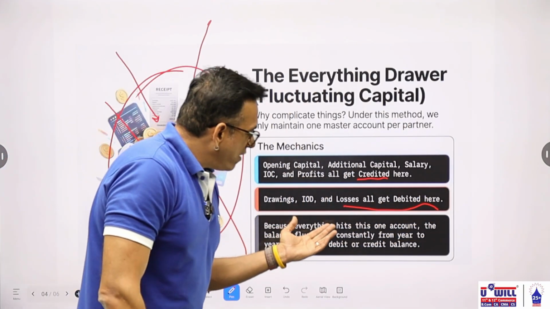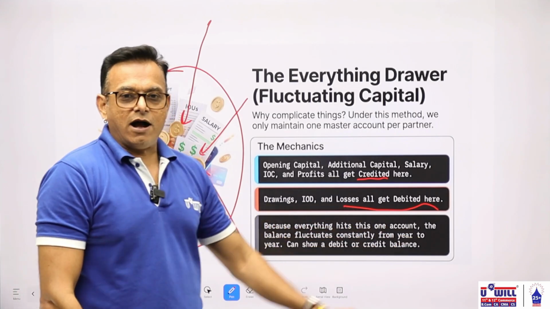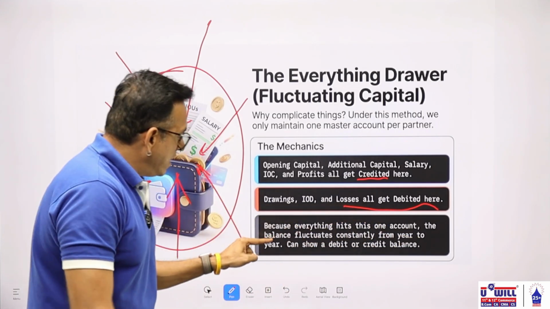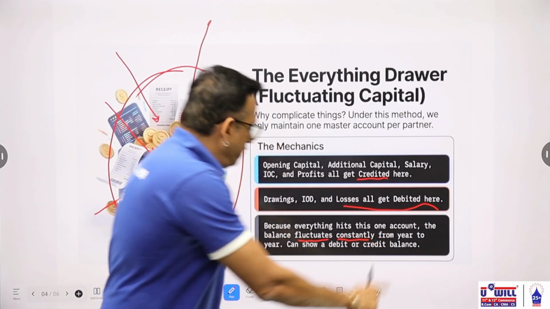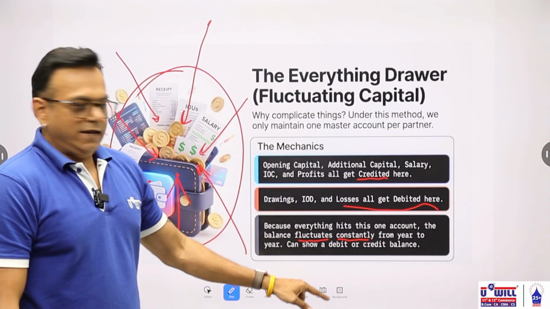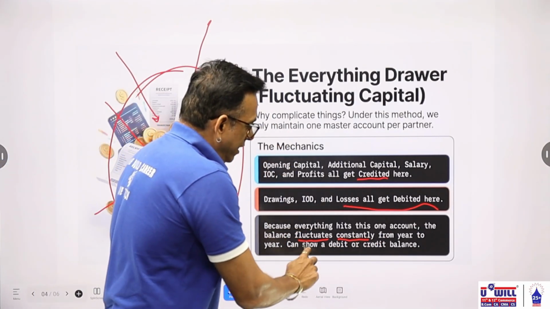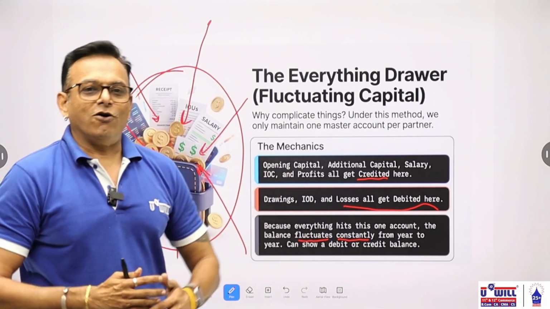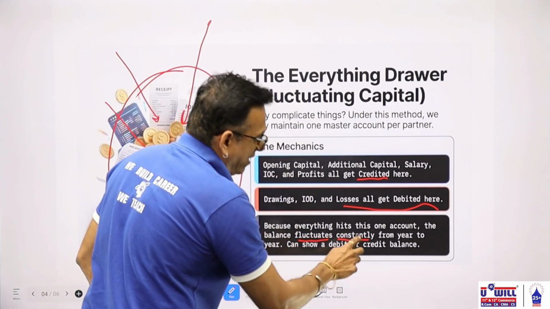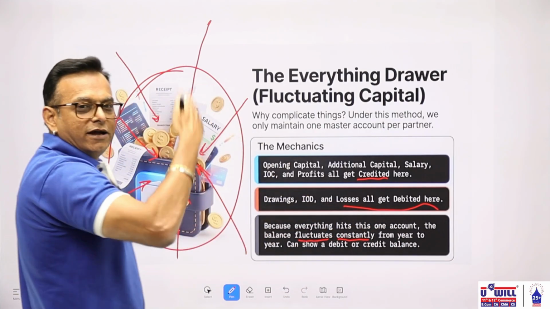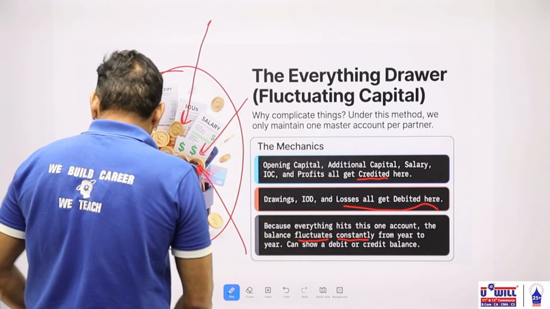Because everything hits this one account, the balance fluctuates constantly from year to year. It can show a debit or a credit balance. You can see this word, fluctuates constantly from year on year.